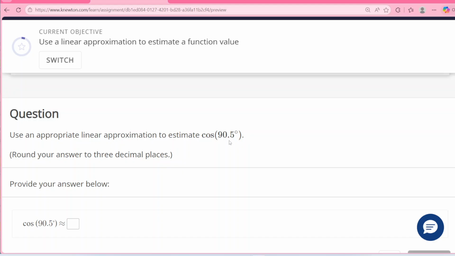All right. So notice how this 90.5 degrees is pretty close to 90 degrees, which would be pi over 2 radians, right? Remember when we're doing derivatives in calculus, should probably stick to radian measure. I mean, you can keep it in degree measure, but then you got to remember the conversion factors and all that. I mean, I'm still going to be doing conversions here anyway.